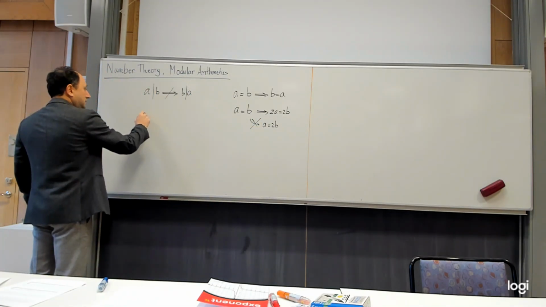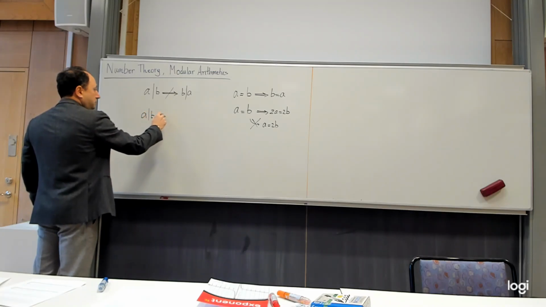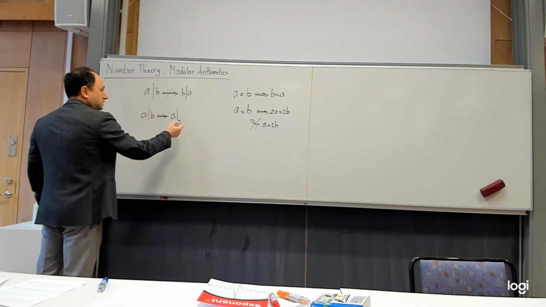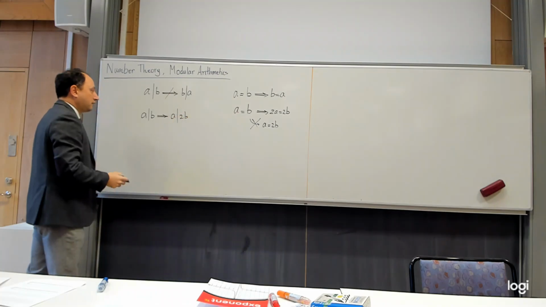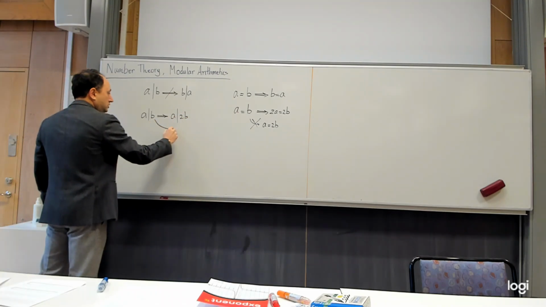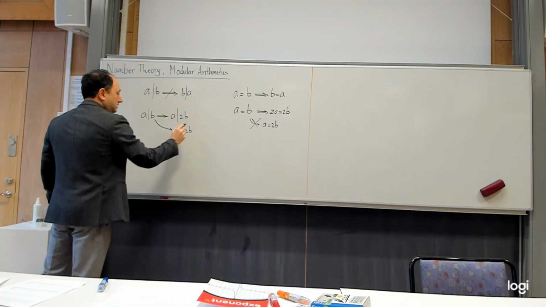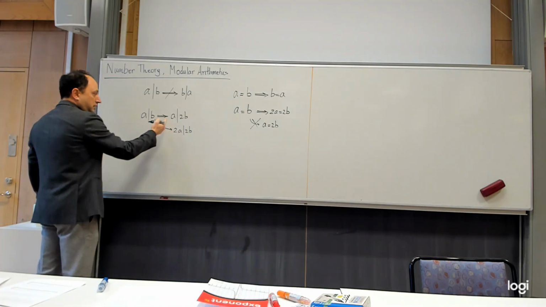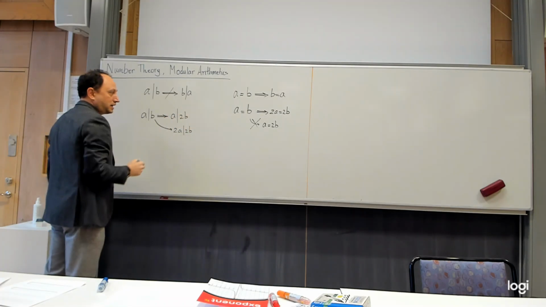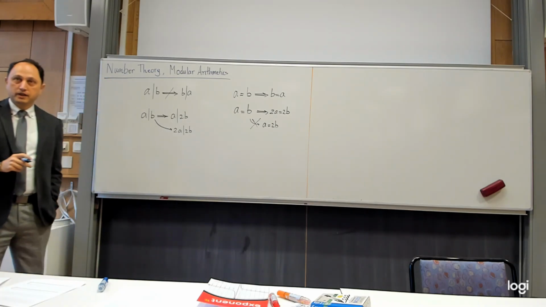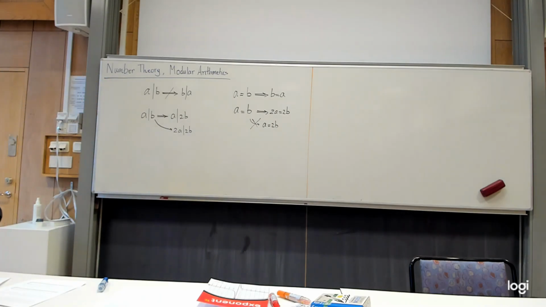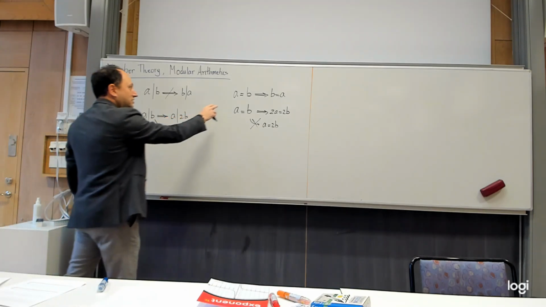If A divides B, I can simply conclude that A divides 2B. Of course, I can also conclude 2A divides 2B, but I can also conclude this, which was not the case in the equality relation. So there are some differences between the natural way of thinking about the relation between two numbers and this relation.